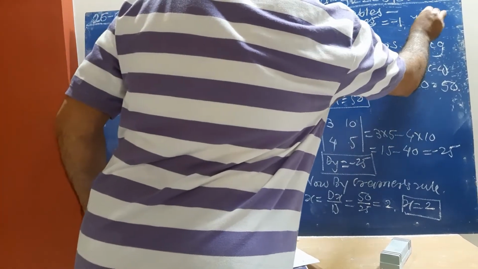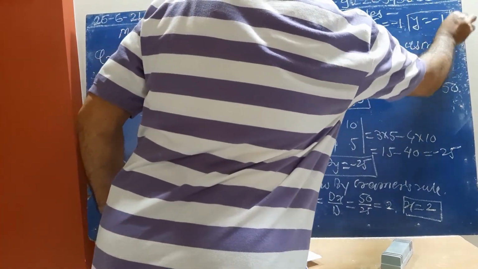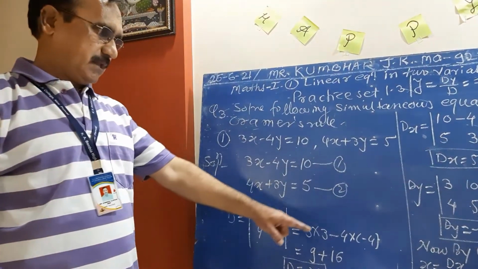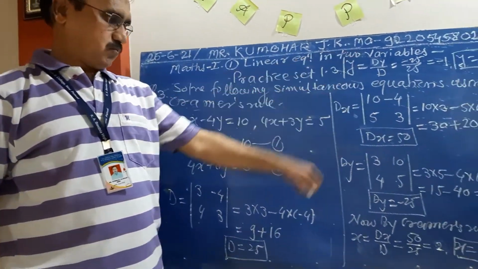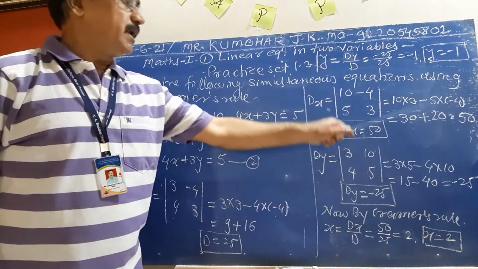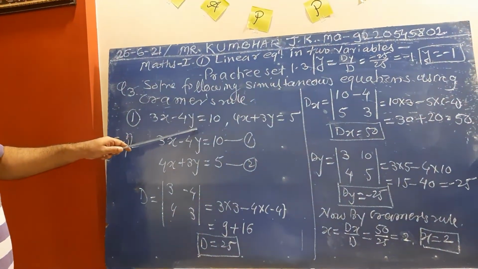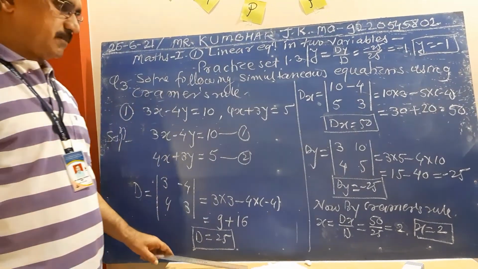That means y is equal to minus 1. This is the solution of the given equation. x is equal to 2 and y is equal to minus 1 is the required solution of this simultaneous equation by Cramer's rule.